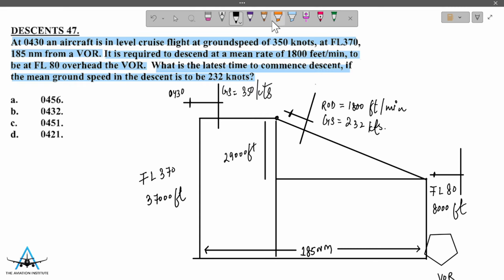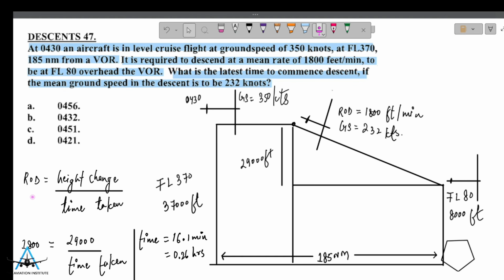Since we know that our rate of descent is 1800 feet per minute, we can calculate the time taken while descending. Rate of descent is equal to height change divided by time taken. It's given that the rate of descent is 1800 feet per minute and the height that has changed is 29,000 feet. When you solve, you will get the time as 16.1 minutes, or you can also write it as 0.26 hours.